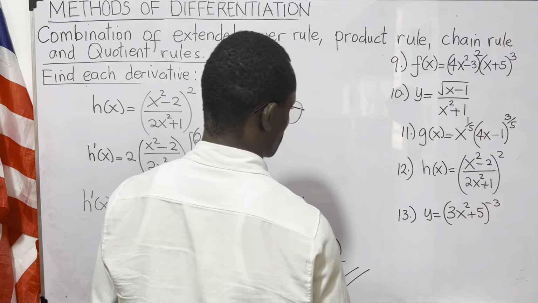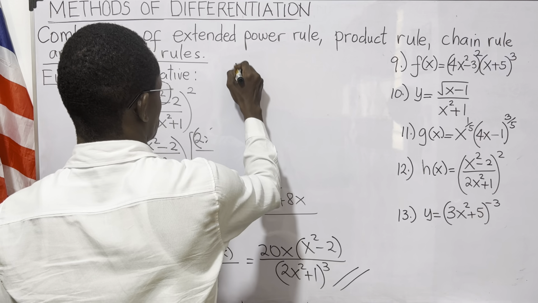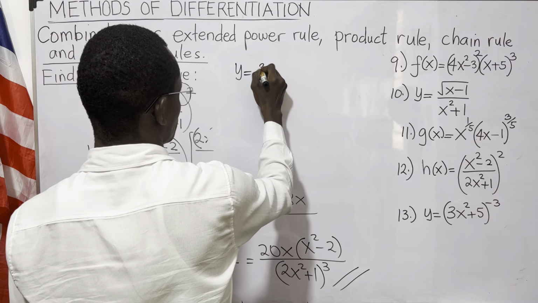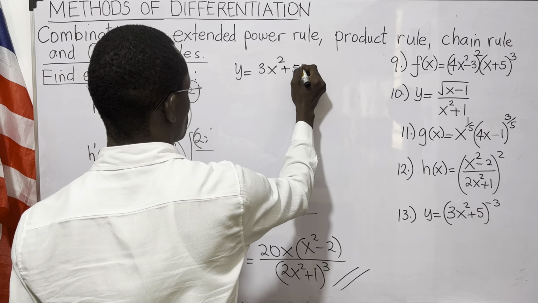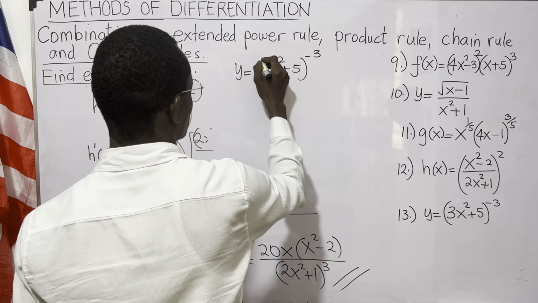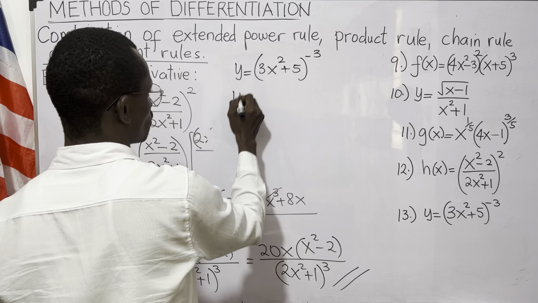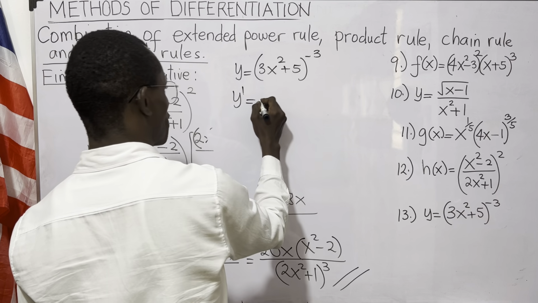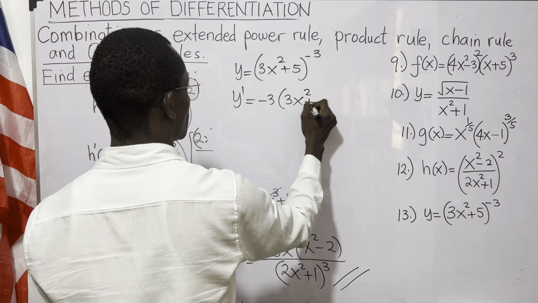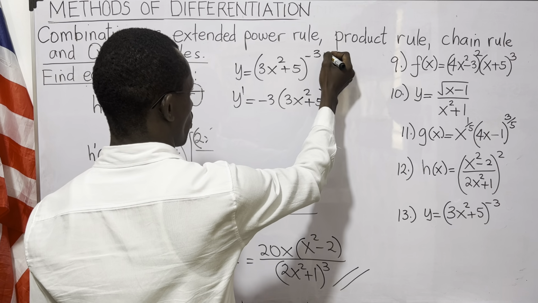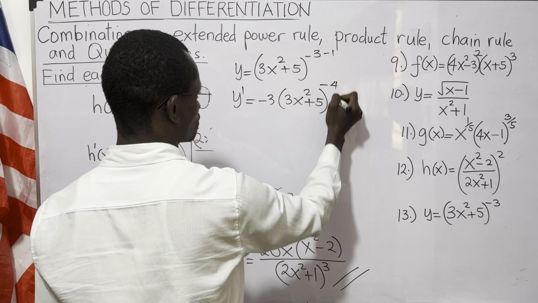And then this last problem will just be handled in this way. So we have 3x squared plus 5 raised to the power negative 3. It's just very easy. So y prime, we drop this power, which is minus 3. We write what is inside. We subtract 1 from this power, so it gives us minus 4.